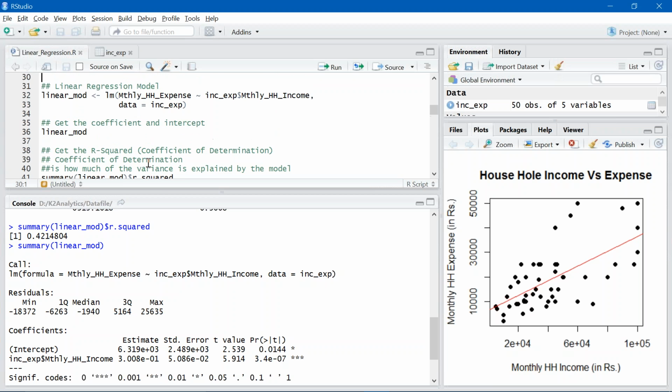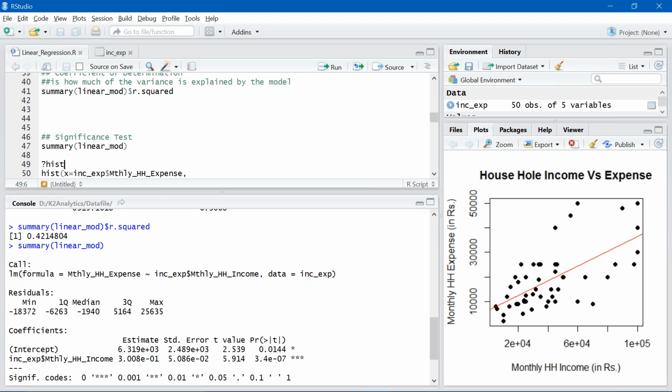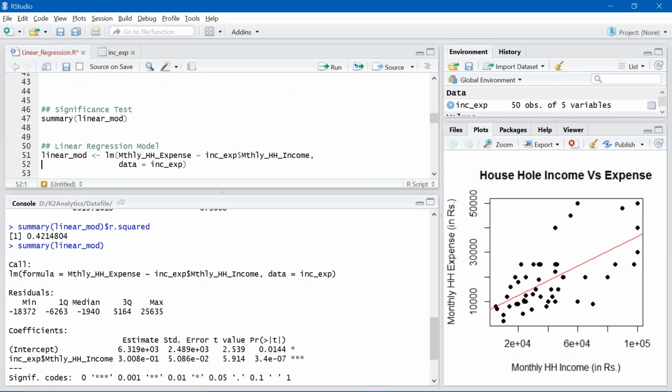So here I built this model using one variable, income. There were other variables available with me, and we saw that R squared of this single variable model was 42, which means 42% of the variance of expense has been explained.